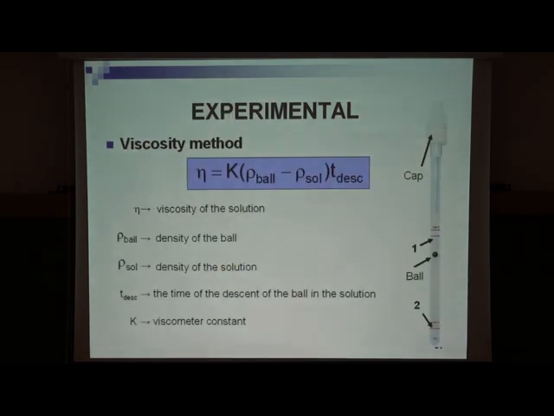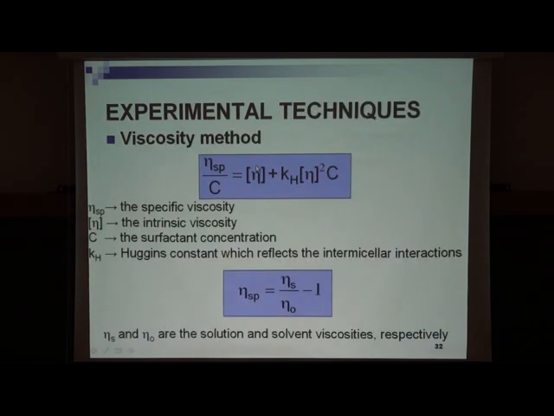Okay, we used the capillary viscosity method. It is a closed system, so we cannot lose any water, and it is very sensitive. From this measurement, we can obtain the viscosity of this solution and the viscosity of water.